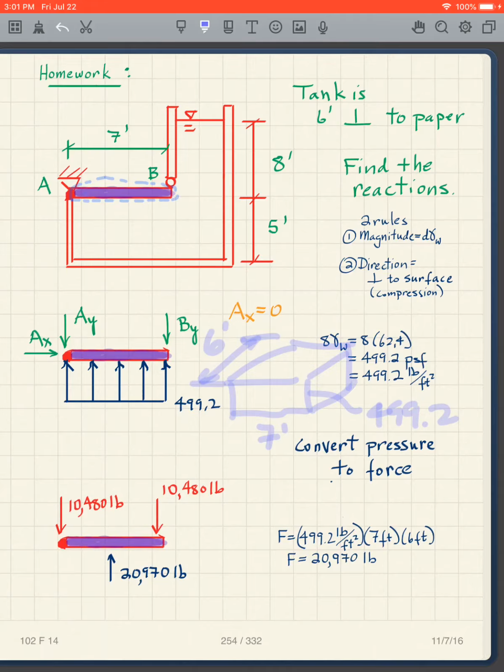So to get the volume of that, we have 7 feet times 6 feet times the 499.2, and the end result is 20,970 pounds.